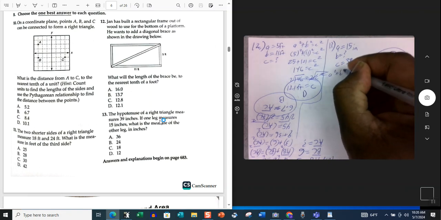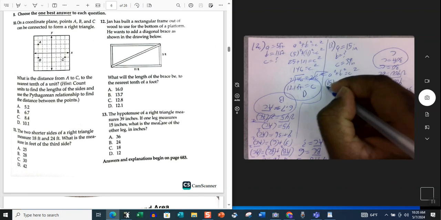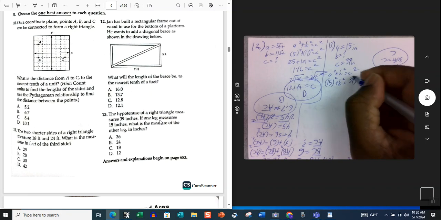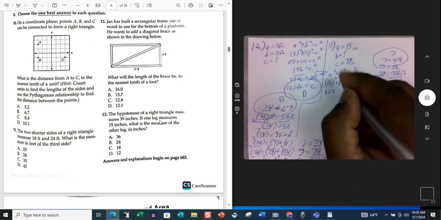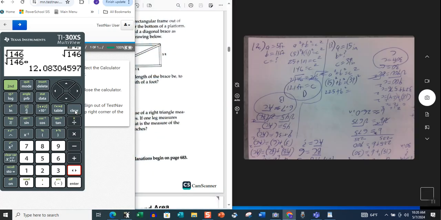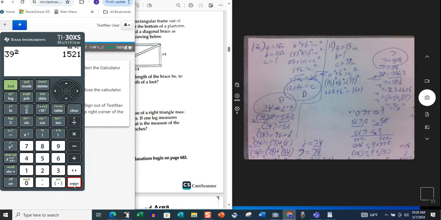So we have our formula. A squared plus B squared equals C squared. A is 15. We don't know what B is. And then C is 39. So 15 squared, we saw previously that was 225, plus B squared equals, now we have to do 39 squared. So we'll do 39 to the second power, and that gives us 1,521.